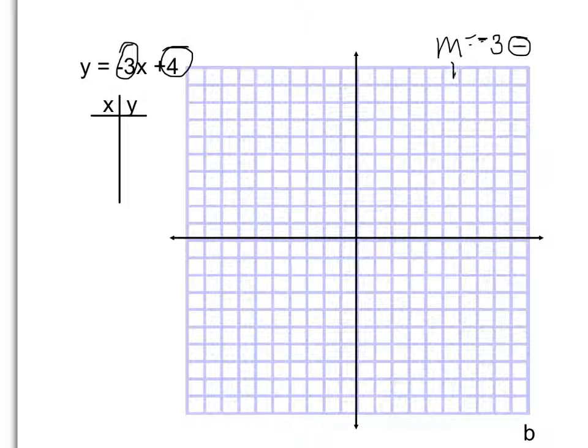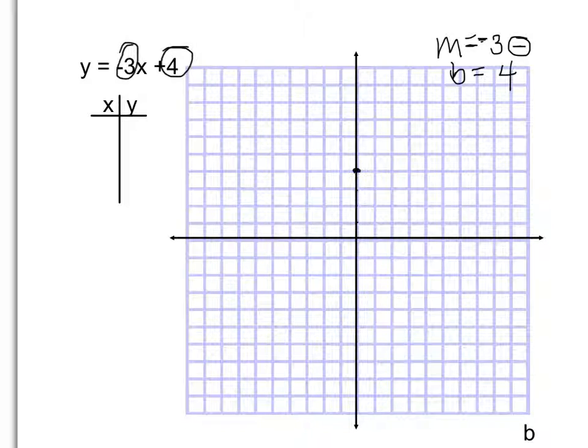My b says that my line is going to cross over the y-axis at 4, positive 4. So I'm going to go ahead and make a prediction, which is something you have to be able to do in your math standards, that my line is going to cross over the y-axis at 0, 4.